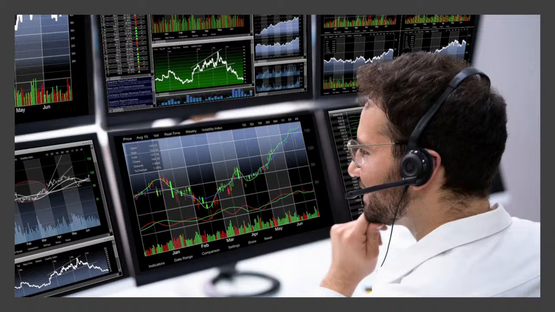Technical analysts believe that price patterns repeat themselves and that all that other fundamental data is already baked into the price. And market sentiment and market psychology, specifically short-term psychology and sentiment, drives stock prices.